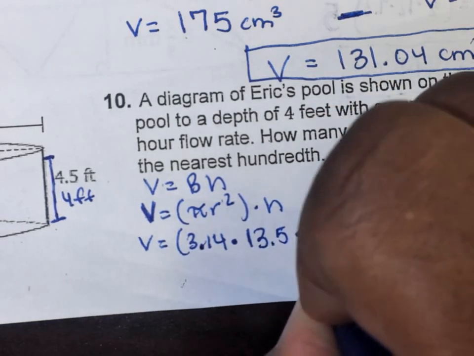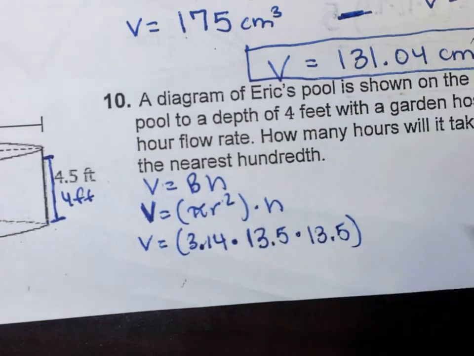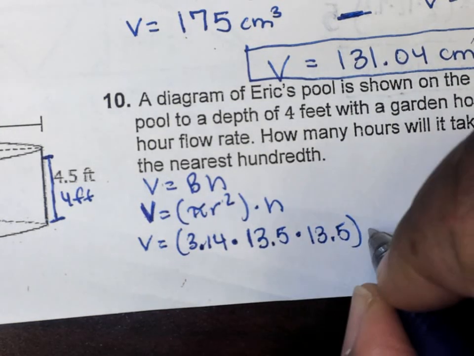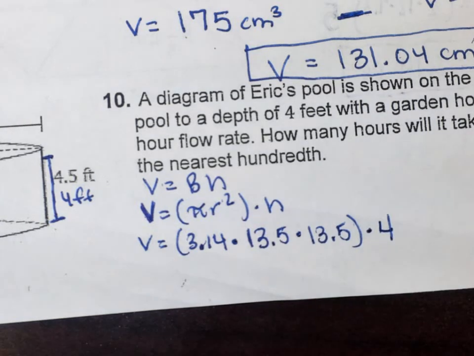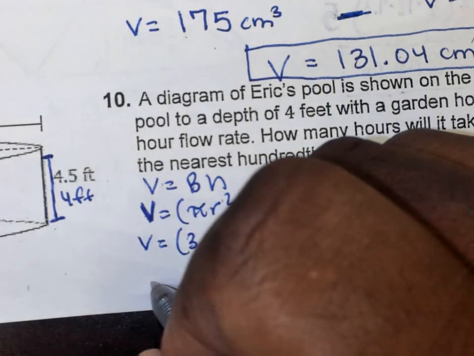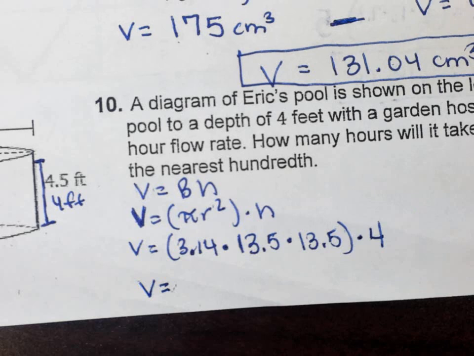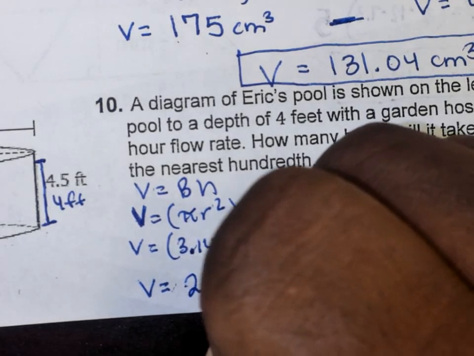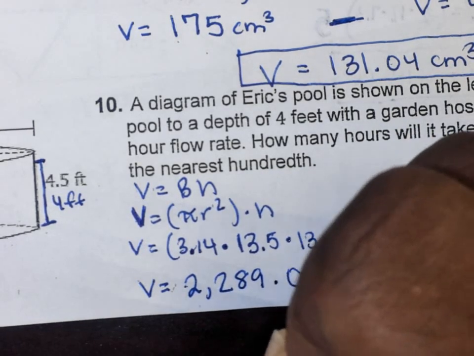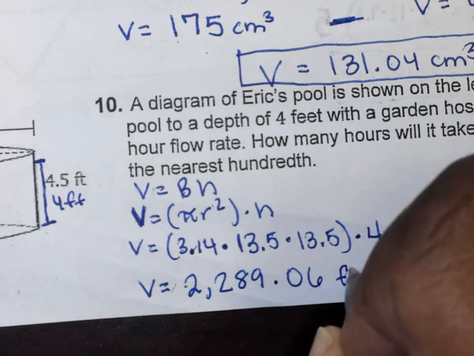Times 13.5 twice. Then times the height, which was what? 4. This is going to give us the amount of water that's going to be in the pool. That's what we need first. 2,289.06. This is feet cubed.